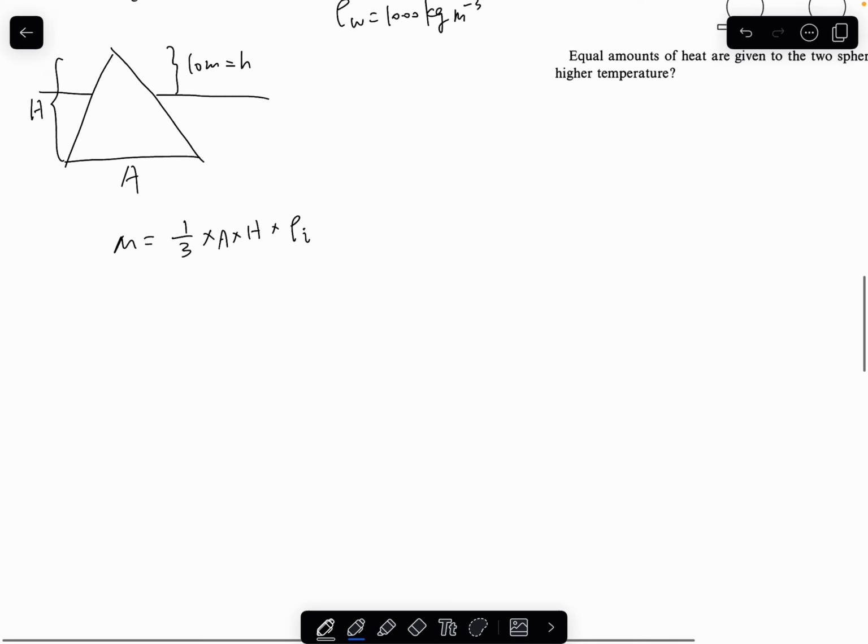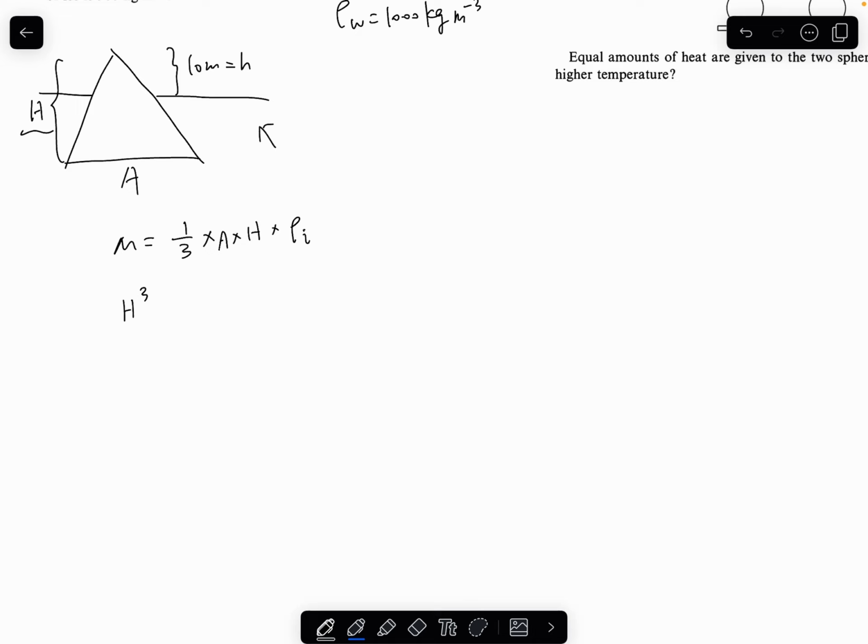Now it is static and it floats, so we have H cubed minus small h cubed times rho water equals H cubed times rho ice.